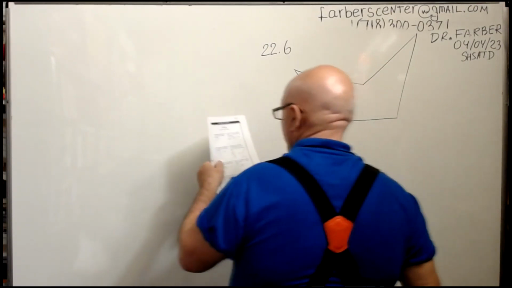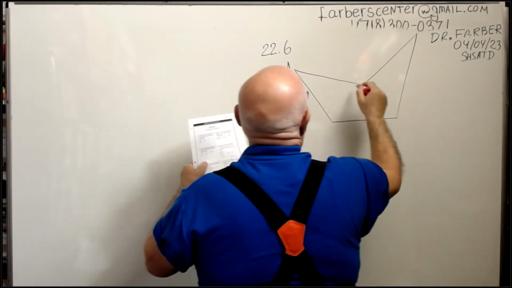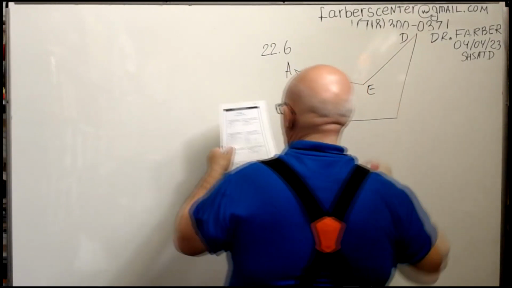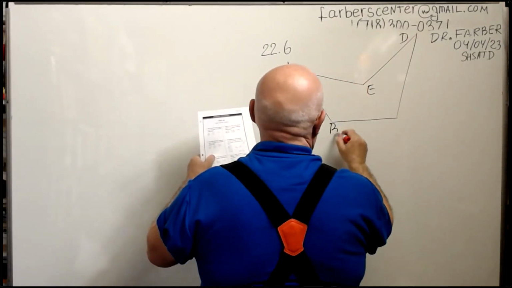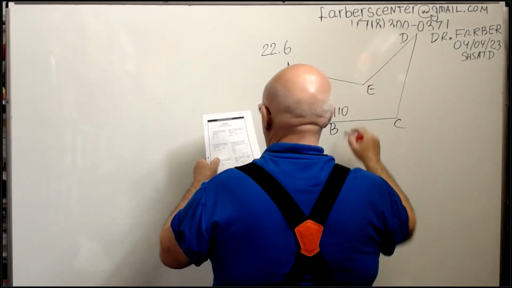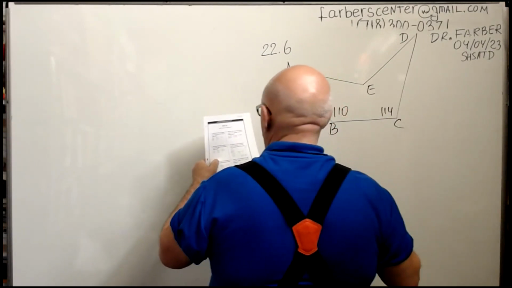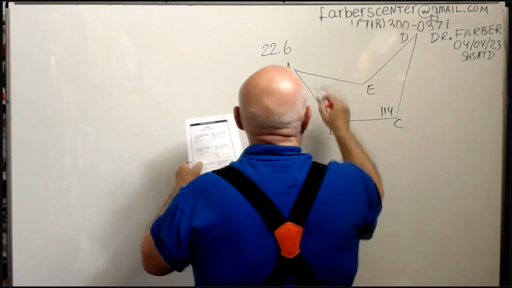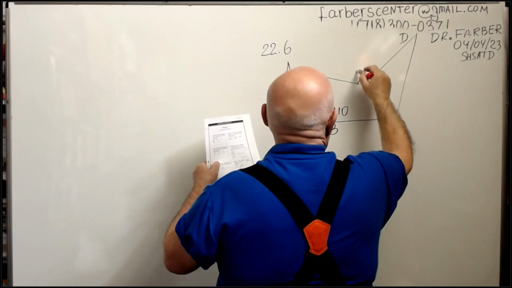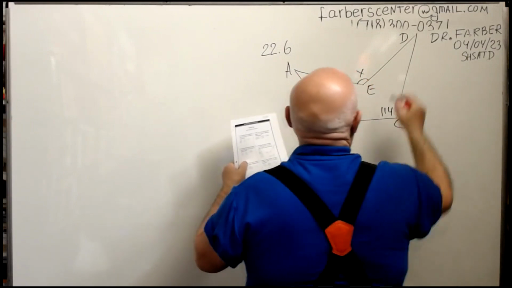And I put some labels: E, D, and B and C. This is 110. This is 114. This is 16. This is X. This is 20.